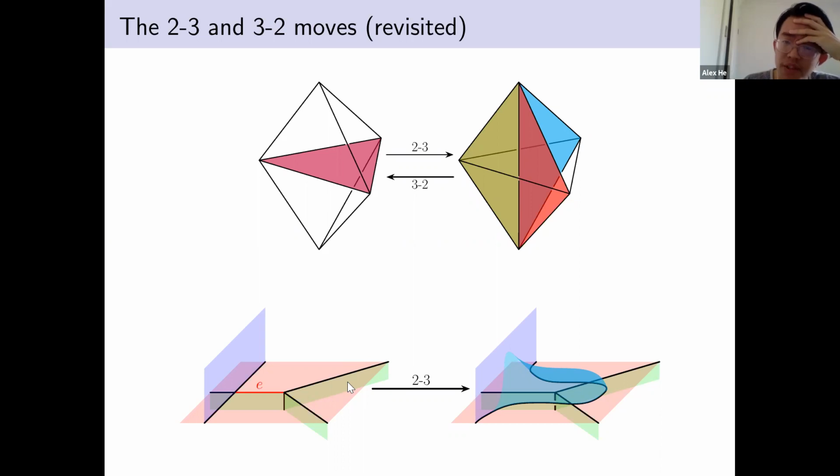Maybe I'll just convince you that combinatorially the right thing happens. What you've got here is two tetrahedra glued together along a triangle. That corresponds to the fact that you've got these two vertices that are joined by the edge E. And what you want in the new situation is 3 tetrahedra glued around an edge, right? So remember, an edge in the triangulation is dual to a 2-cell.